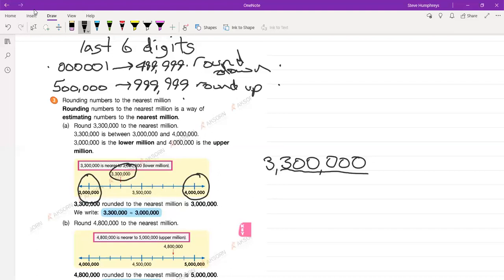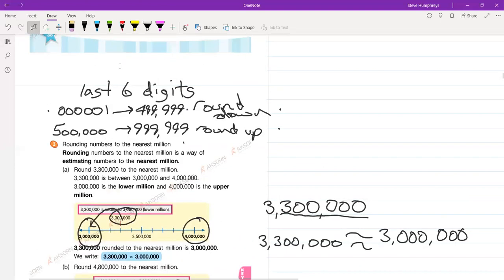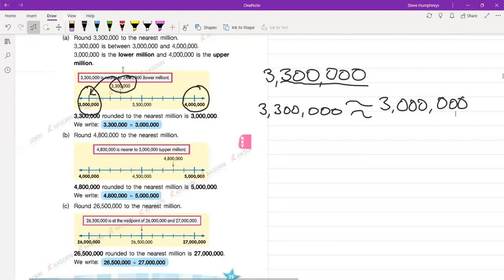So 3,300,000 rounded to the nearest multiple of 1,000,000, you will round it down to 3 million. Lots of zeros, okay? It's not that difficult if you use the correct method and take your time.